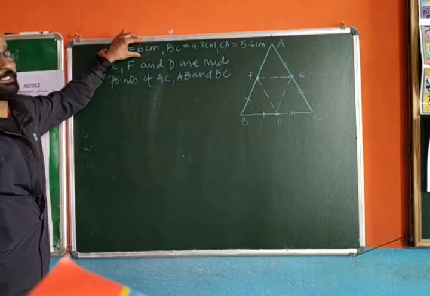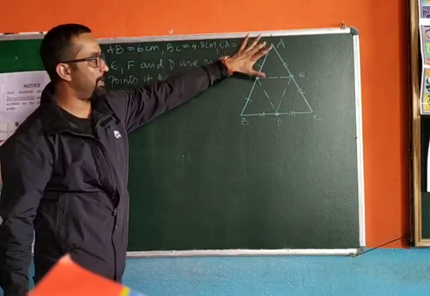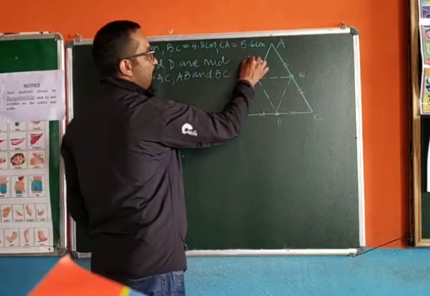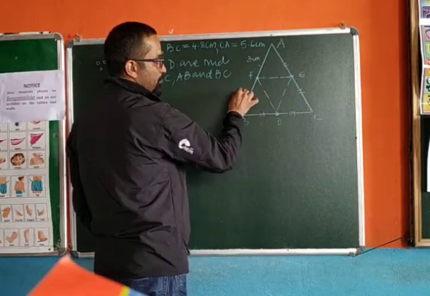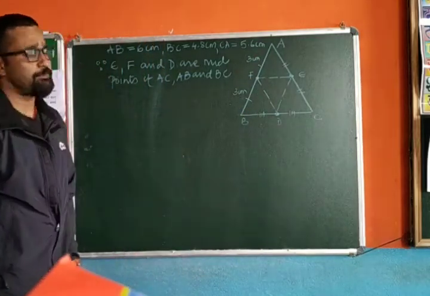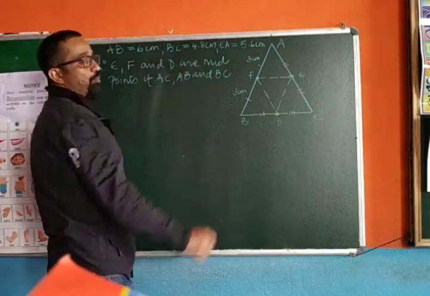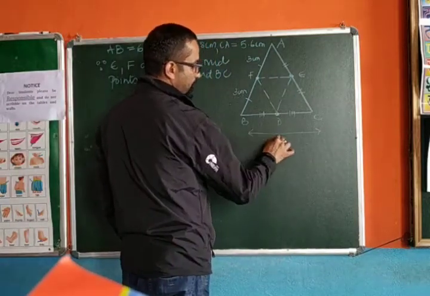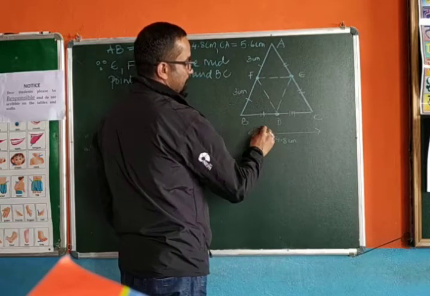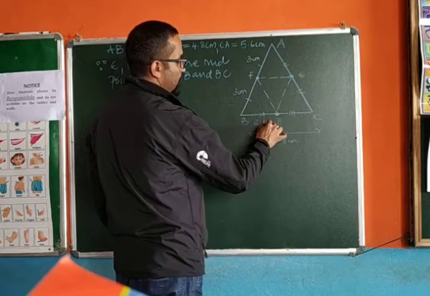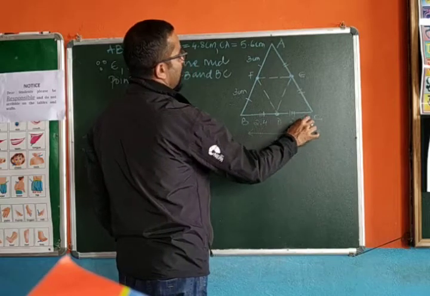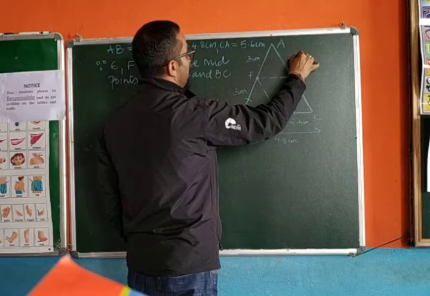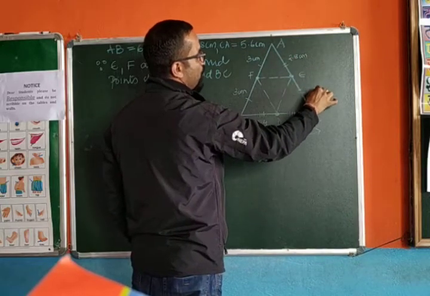The length of AB is given as 6 cm, so the total length of 6 cm has been divided into two equal parts. The first part is 3 cm, 3 cm. Similarly, BC is given as 4.8 cm total length, half of which is 2.4. Similarly, you have 5.6, the total length, which you divide in two parts, 2.8 centimeter.